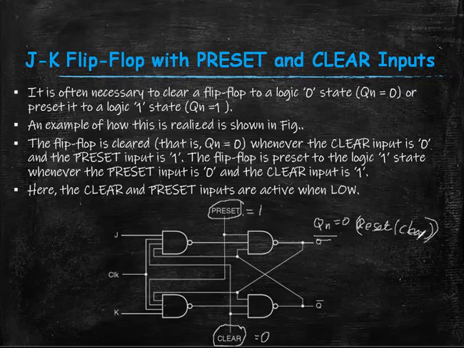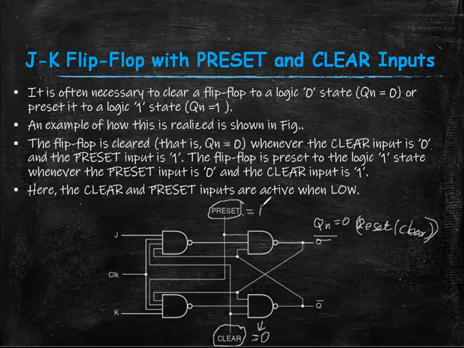For clearing the flip-flop, we have to set clear equal to 0. That is, clear is set to low. So we call it active low. Clear is active when it is low, then the flip-flop is cleared.